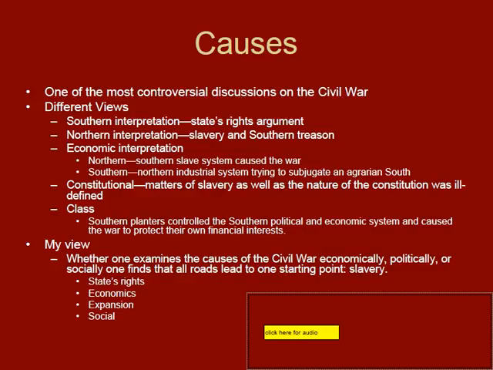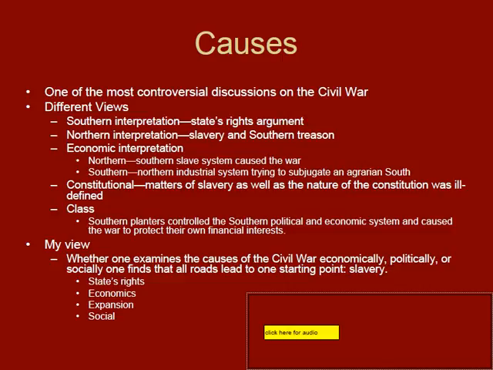Southerners viewed themselves as people preyed upon, because as the Northern manufacturing and industrial model began to expand and move west, it basically threatened the livelihood and way of life of the Southern plantation system. So some Southern scholars have often viewed the cause of the war as one of economics.